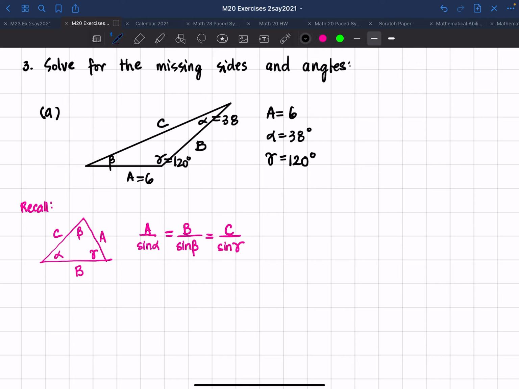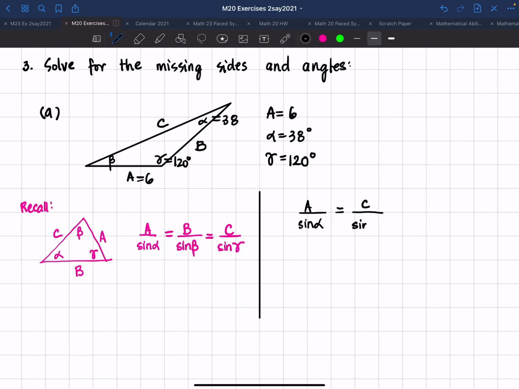So, sabi natin, A over sine alpha is equal to, kukuha ka ng walang katapat. So, parang ito, yung gamma mo, walang katapat na C. Ang A mo is 6.